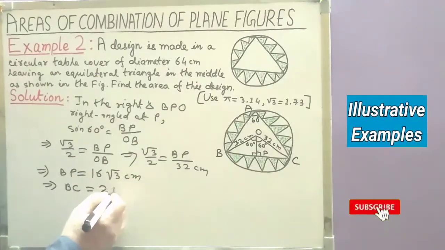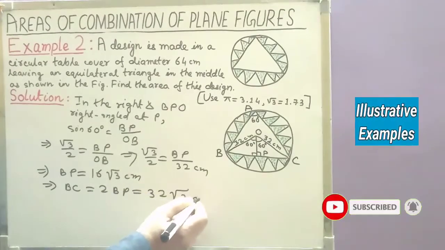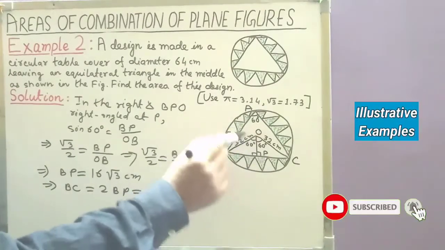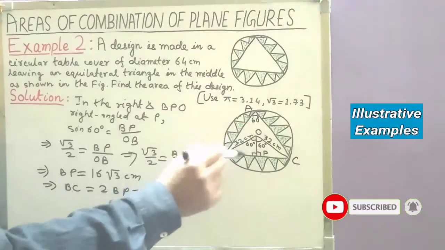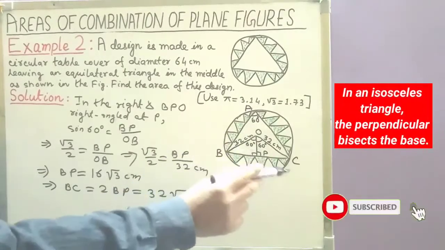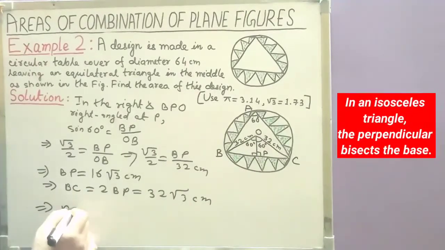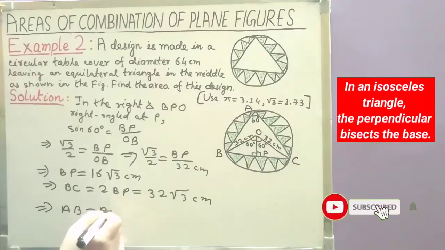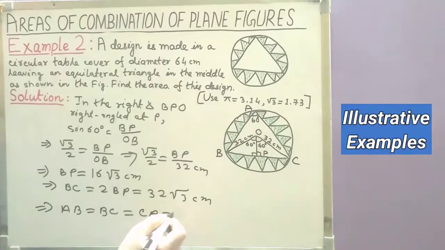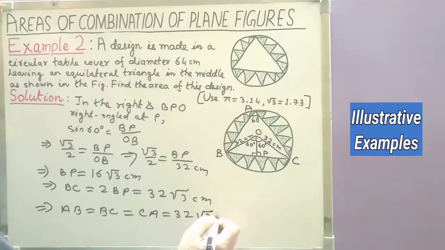That implies BC equals 2 BP, that equals 32 root 3 centimeter. BC equals 2 BP is due to the fact that in the isosceles triangle BOC, perpendicular OP bisects the base BC. Thus in the triangle ABC, AB equals BC equals CA, that equals 32 root 3 centimeter.